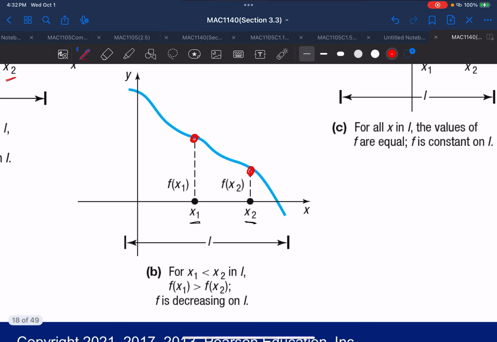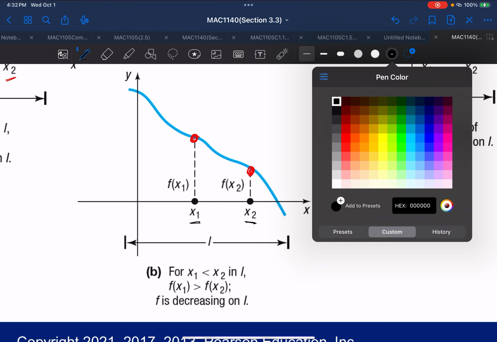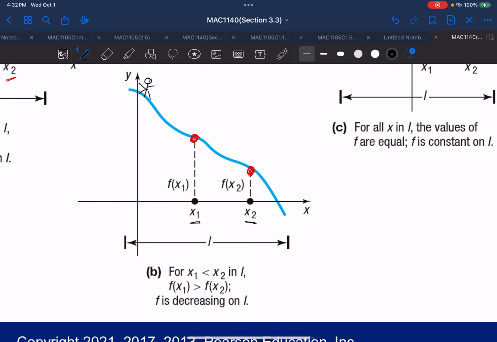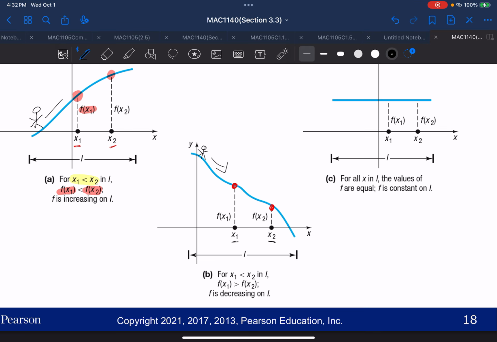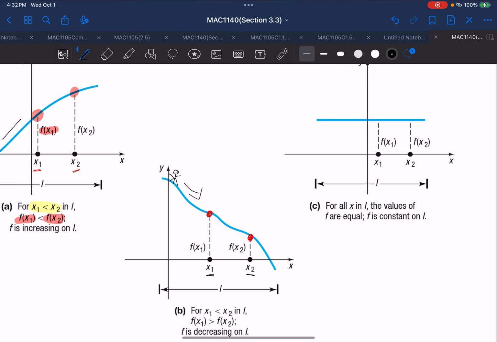So it's getting smaller. And if I put a little guy from left to right on this curve and told him to walk to the right, he'd be walking downhill. So it's decreasing. And then constant just means it's not changing. So my little stick guy is just walking horizontally.